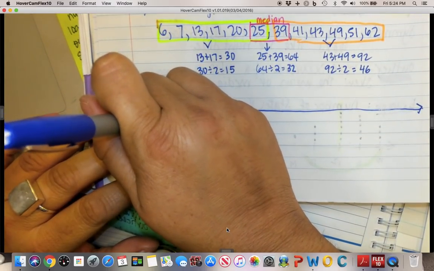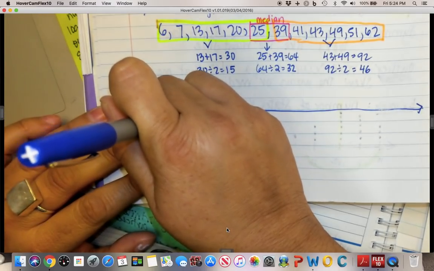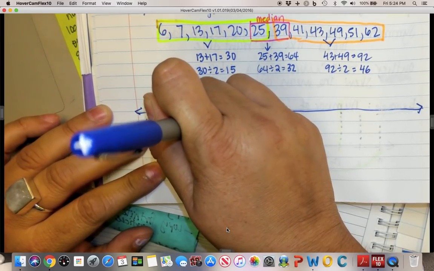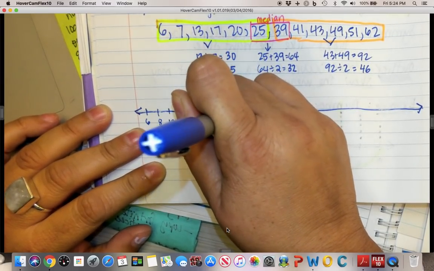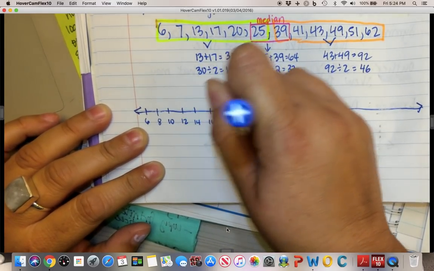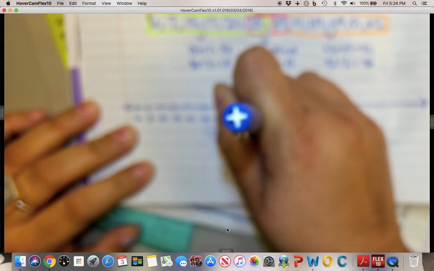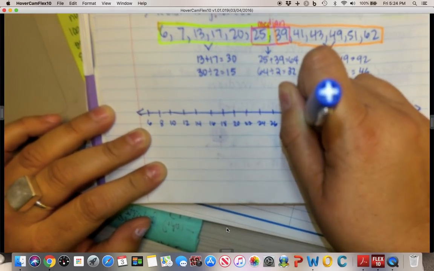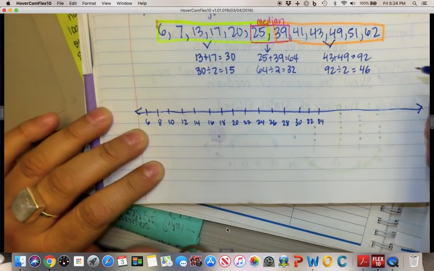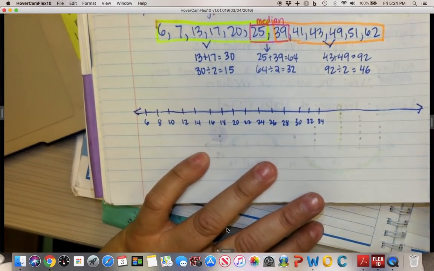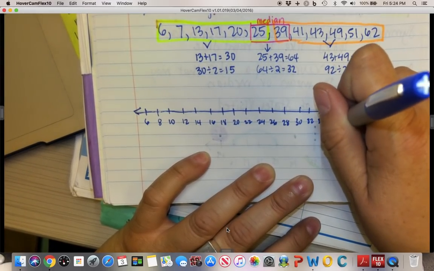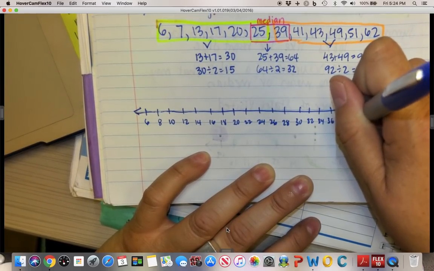So we'll start here with 6. 6, 8, 10, 12, 14, 16, 18, 20, 22, 24, 26, 28, 30, 32, 34. I feel like I'm going to run out of room already. 36, 38, 40.